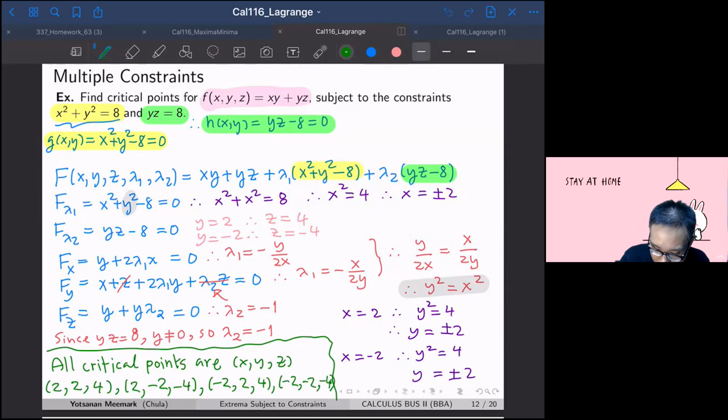Okay, so it's going to be 4 critical points in this case.